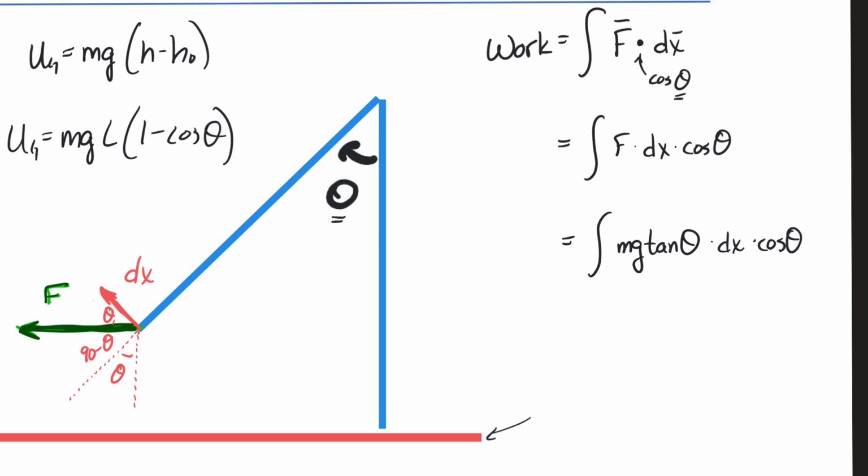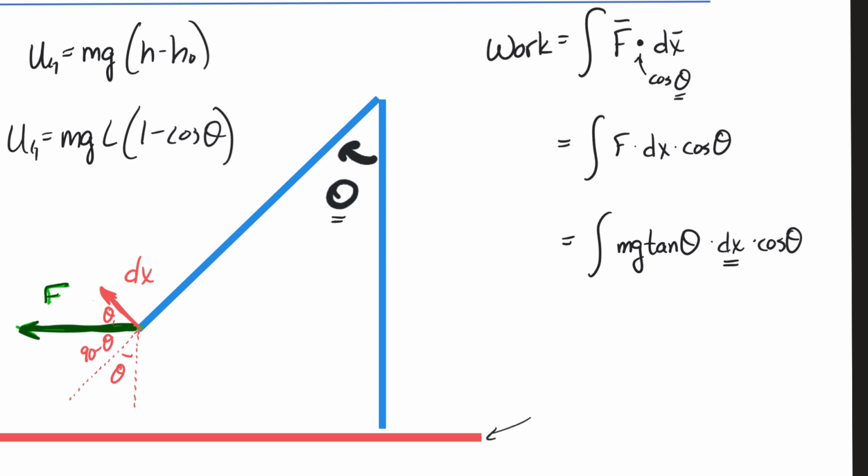Now, the problem we have here is that our force is about theta, but x represents a small change in position. You understand that a small change in position is also going to be related to a small change in angle. Do you guys notice that?